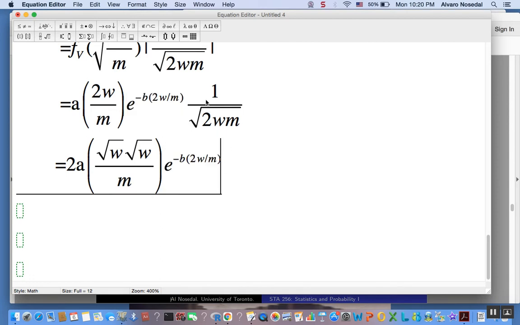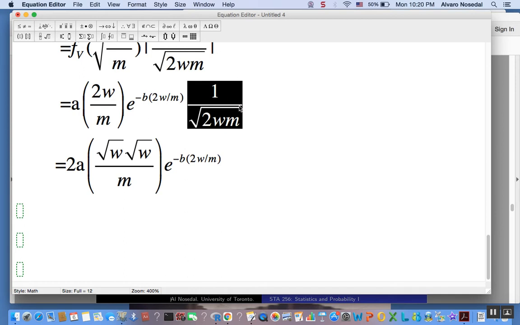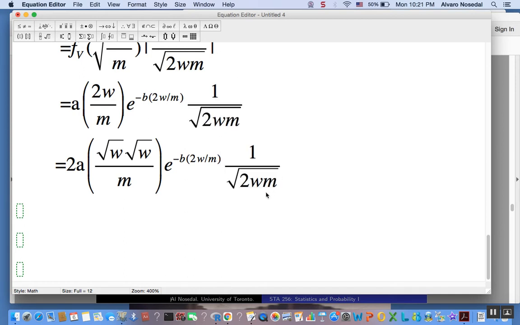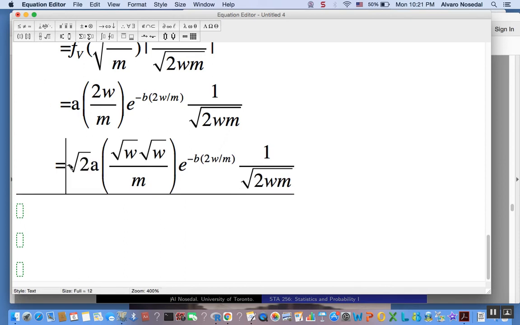And then let me copy paste this guy here. So note that what we're going to have here is that 2, we can also write that down like this, the square root of 2 times the square root of 2.